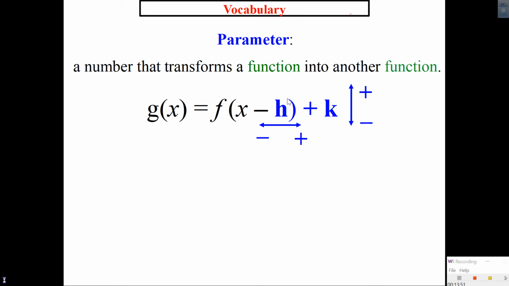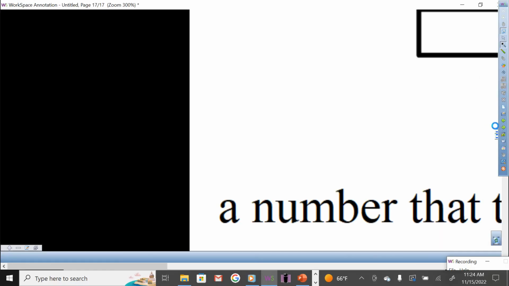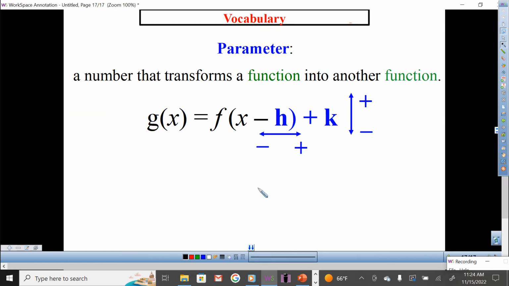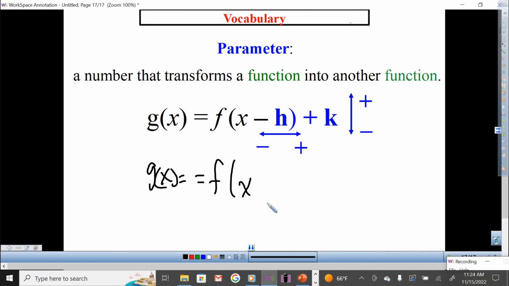Okay? But this is where I want to make sure I get clear straight to you. Here it goes. Look up, please. What stays the same every time we transform? What stays the same is g of x, the equal sign, the f for function, the x, and the minus.